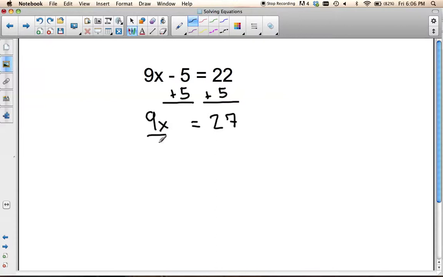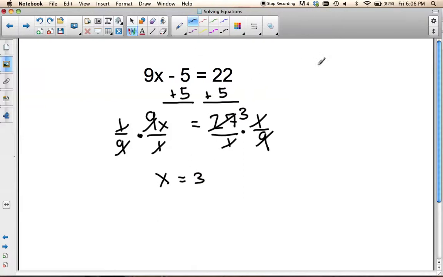So I multiply by 1 out of 9 x's. And whatever I do to one side, I do to the other. Well, 1 divided by 1 is 1, and 9 divided by 9 is 1, which leaves me with 1x. And 1 divided by 1 is 1, and 27 divided by 9 will give me 3.